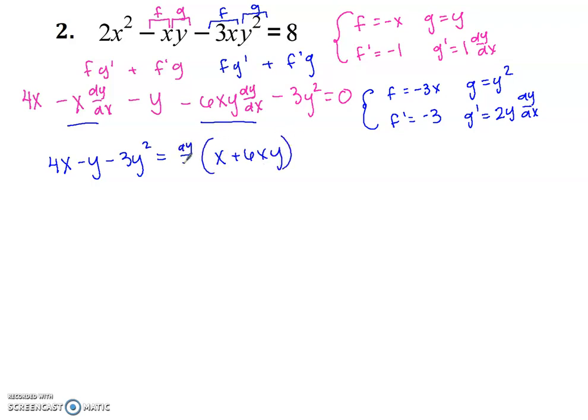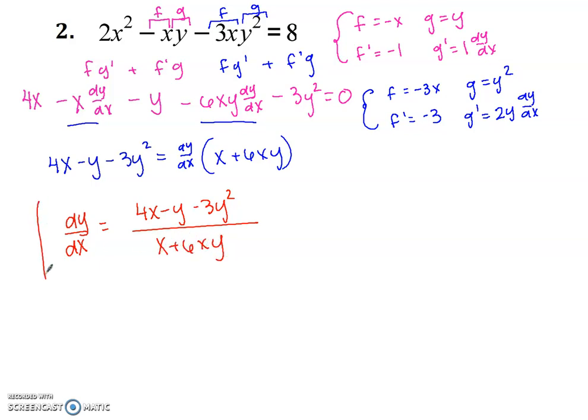And then I'm just going to GCF that dy/dx out of both of them, so just bring it to the front. Then our last step is just to divide by the x plus 6xy. So dy/dx is going to equal 4x minus y minus 3y squared over x plus 6xy.